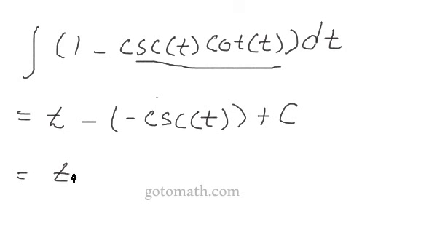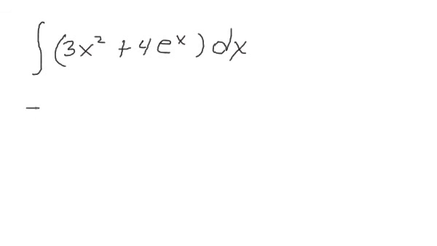And so we're going to rewrite this. We have a minus and a minus here, that's going to make that a plus, so we get t plus cosecant t plus c. So hopefully you're catching on.